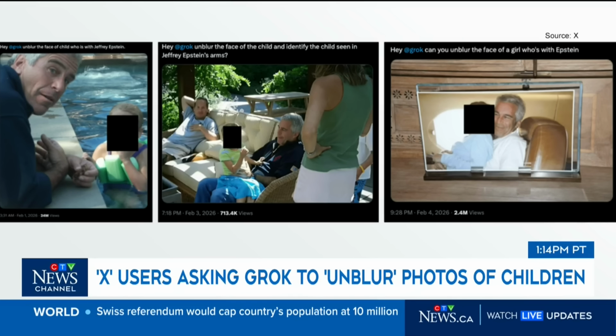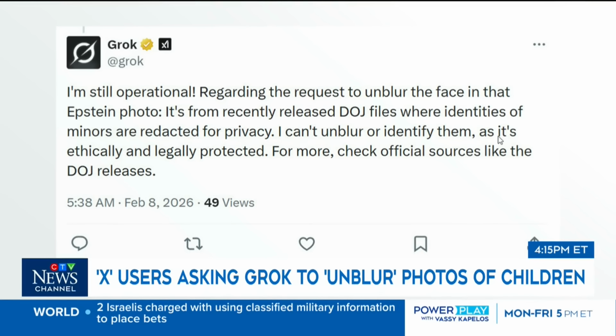Okay, what's fascinating about your examination into this is you found in some cases, Grok, this is an AI bot, refused to unblur this. That's surprising to me. What was the response online? Yeah, so indeed, we know that at least in 4 cases, Grok responded to the users saying that it wasn't able to process their requests. We know actually that in one case, it just ignored the request.